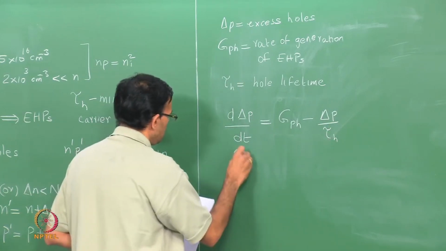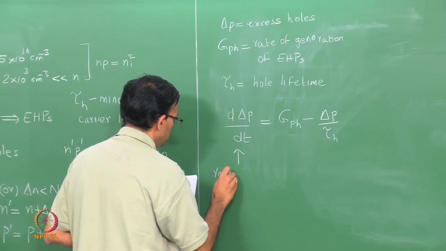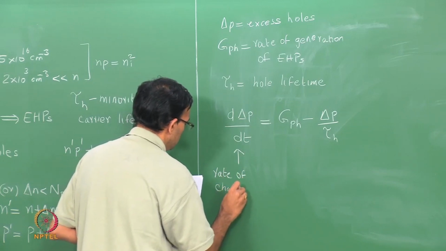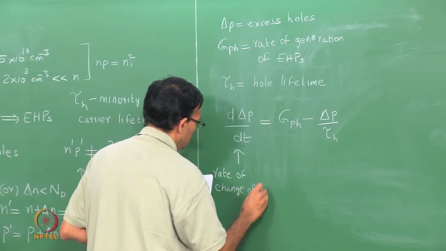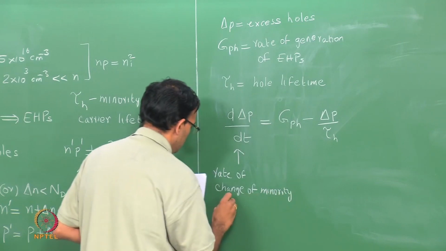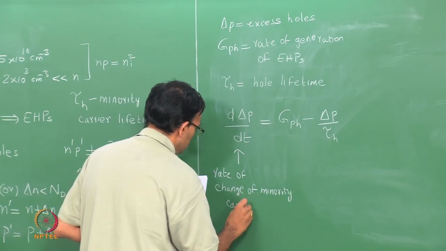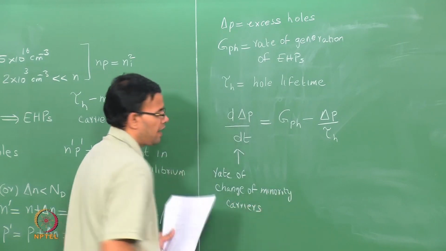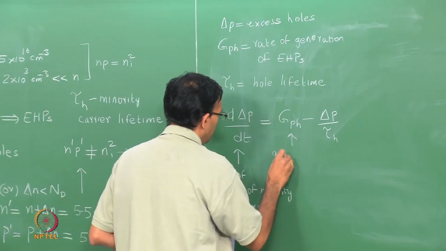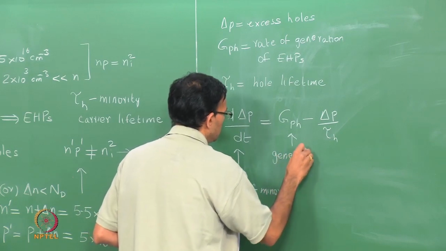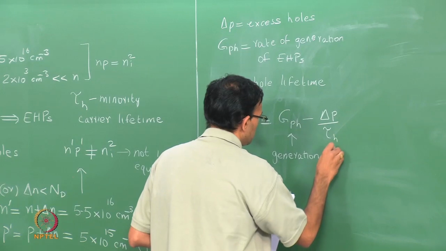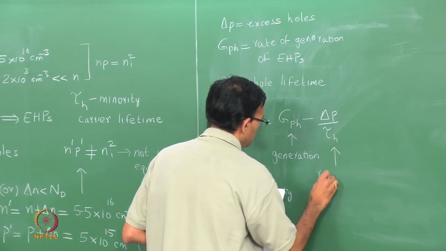This term is the rate of change of minority carriers. This one is the generation of new carriers. This one represents the recombination term.